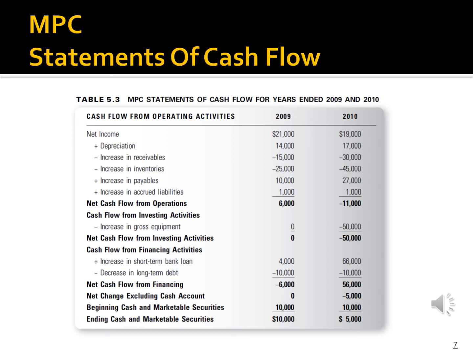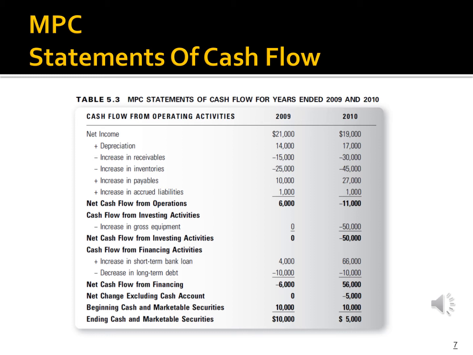So cash flow from investing activities: in case they invest and then receive a profit, they can add it here. So increase in gross equipment, nothing in 2009.